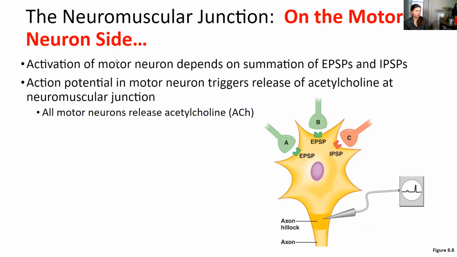So on the motor neuron, if we went way back to our understanding of how neurons work, the thing that would happen first, because we have to figure out whether that motor neuron is going to fire, whether that motor neuron gives off a signal, whether it tells our muscle to contract. The activation of our motor neuron is going to be dependent on the summation of all sorts of EPSPs and IPSPs, right? Those postsynaptic potentials.